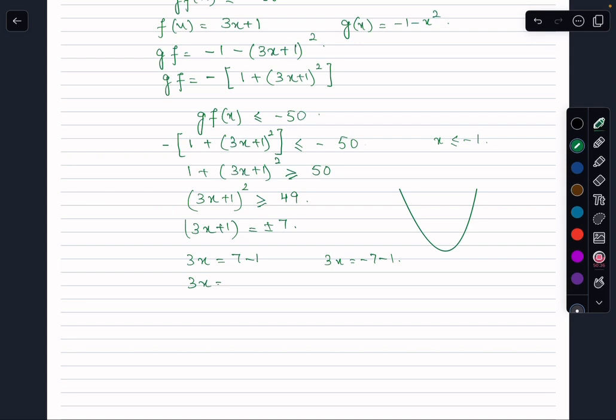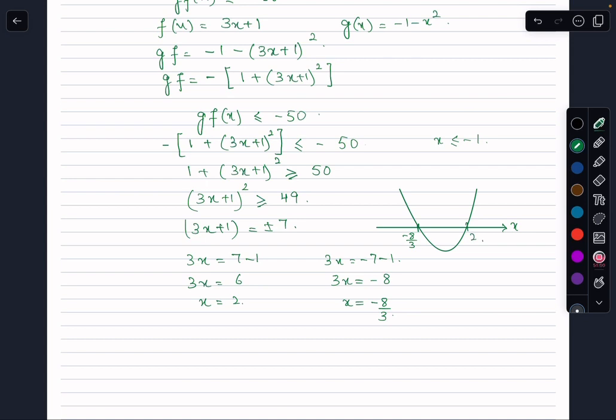So 3x here shall be equal to 6, or x shall be equal to 2. And in this case, 3x equals negative 8, or x equals negative 8 by 3. So I have the two roots with respect to the x-axis: one is negative 8 by 3 and the other is positive 2.